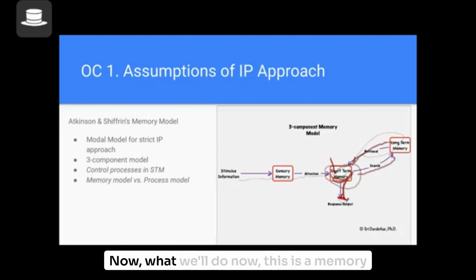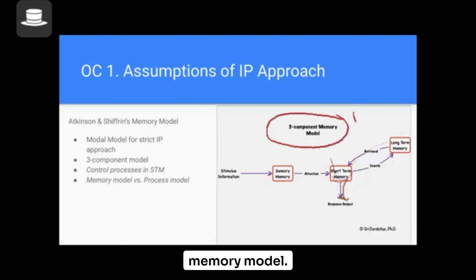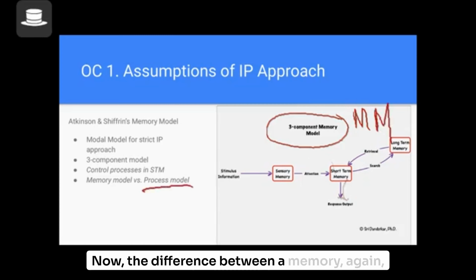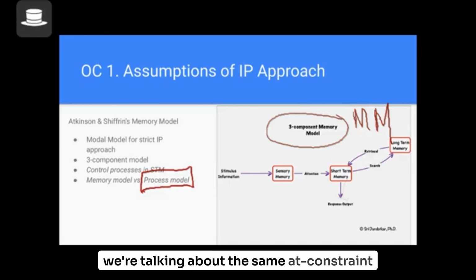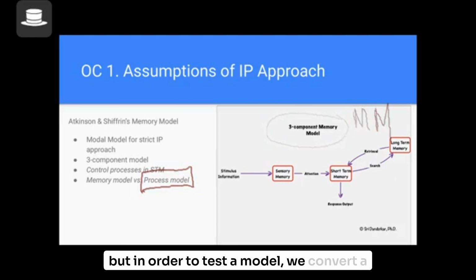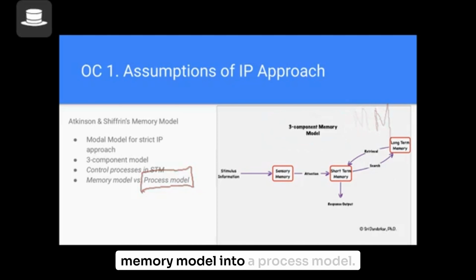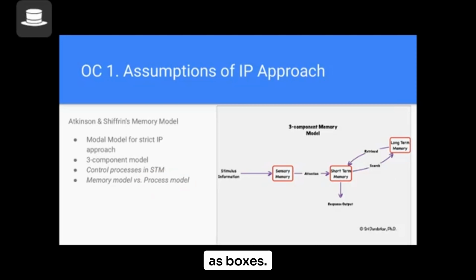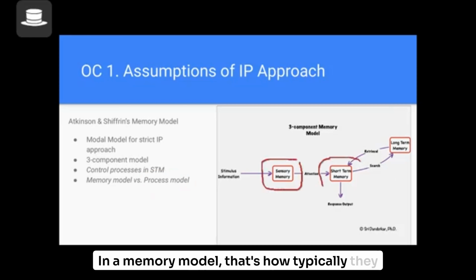Now, this is a memory model, and I'm going to refer to it as a memory model. There is another term here called a process model. We're talking about the same Atkinson-Shiffrin model, but in order to test a model, we convert a memory model into a process model. If you look at this particular point, the memory structures are represented as boxes in a memory model; that's how they typically are.